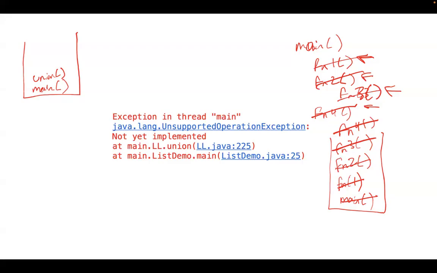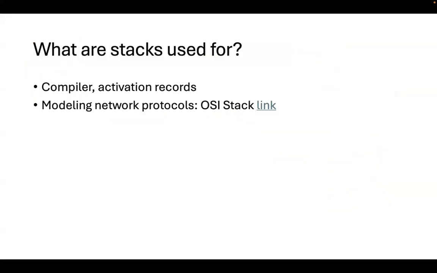Other times, if it comes back with an error code of 1, then hey, there's still something on the stack. So something over here didn't finish running, ran into an error. So that's what we call activation records. And so that's how the compiler works behind the scenes.